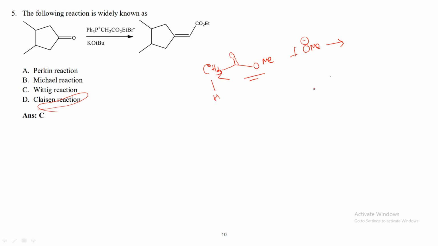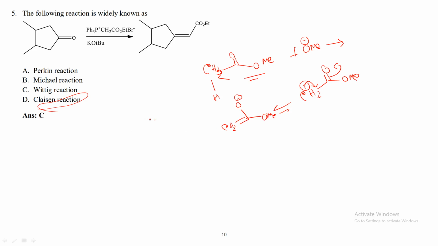So CH2 minus CO OMe, and this is, you can see, nothing but an enolate. This is how the enolate is generated.